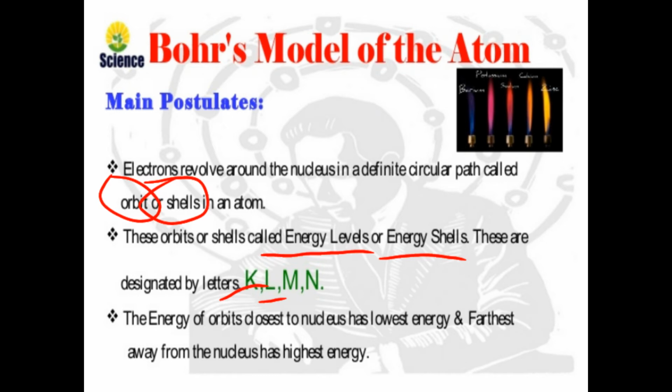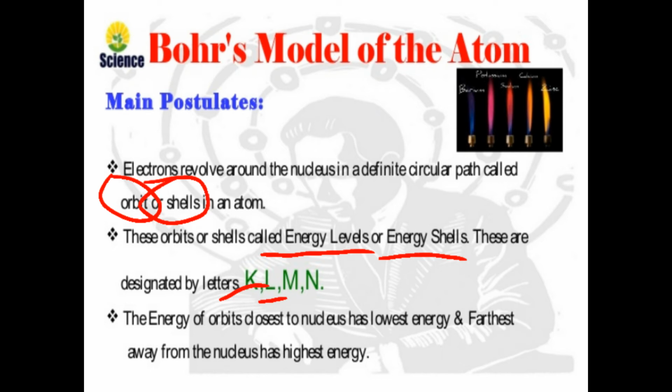He used alphabets. The K energy state was the first state, then L was the second energy state, M was the third energy state on which electrons are revolving, and N was the fourth one.